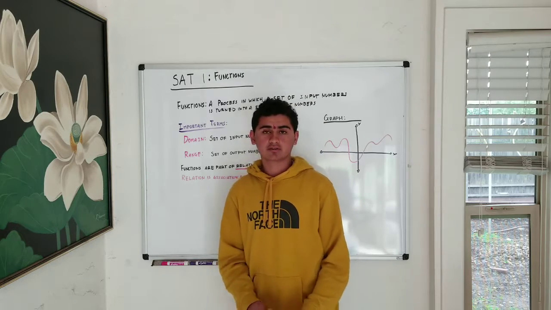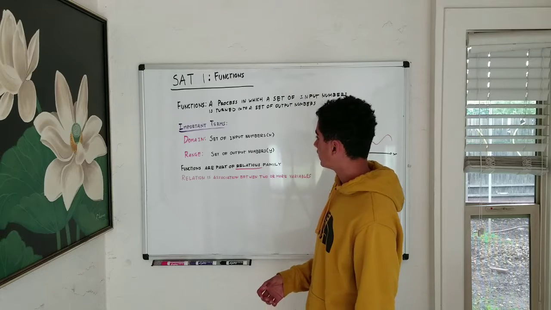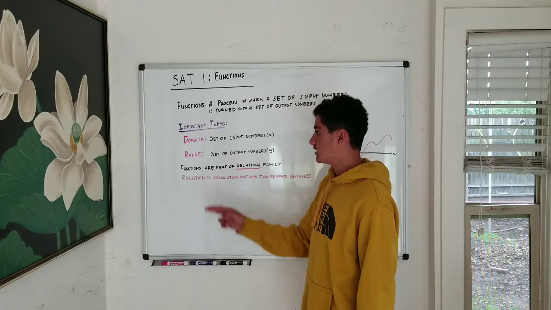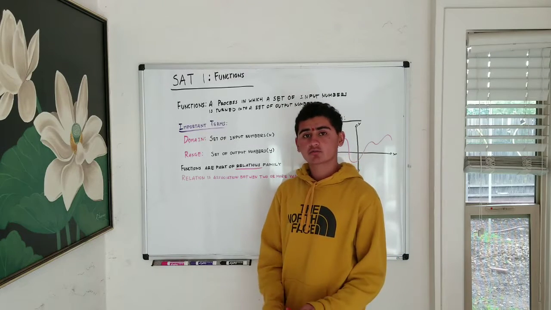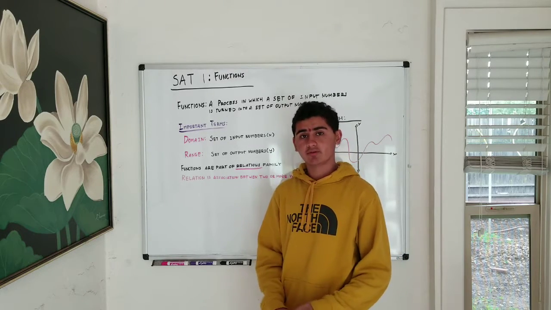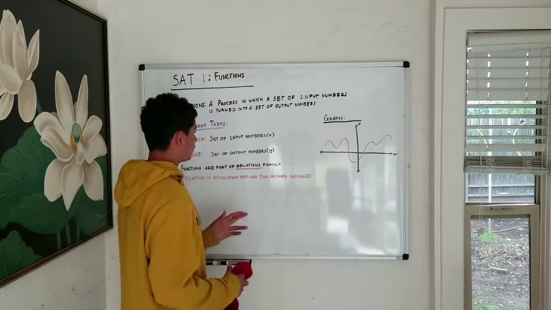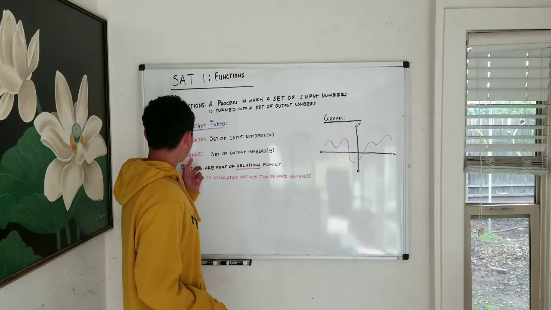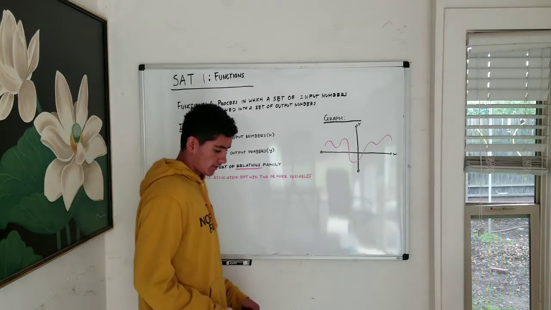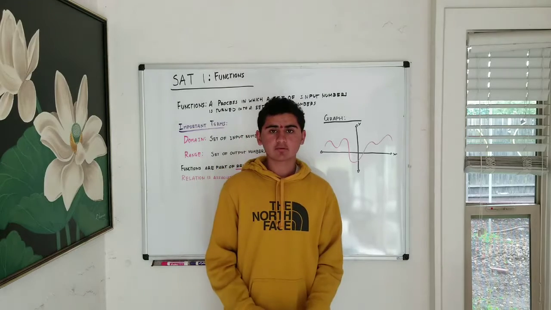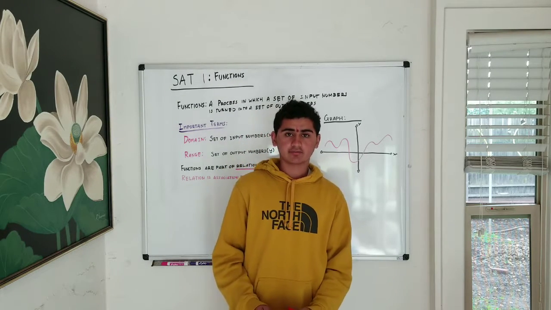That's probably the main way you're going to see it, unless there are some exceptions when it comes to how the problem works. Some important terms you're going to need to know when talking about functions are domain and range. These terms are used quite frequently, so they're really important to know. A domain is a set of input numbers, also known as x, and the range is the opposite, the set of output numbers, y. There are always those types of questions asking the domain of x, the domain of y.